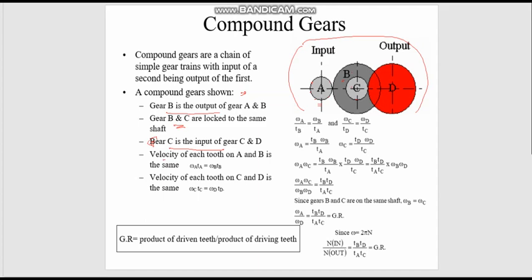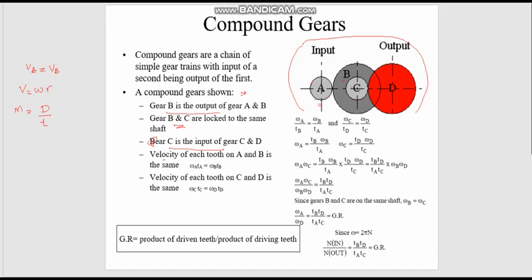So let's explain this a bit. If we say that VA is equal to VB, and we know that V is equal to omega R, and we have already looked at the constant named module, and module is equal to diameter over T, and T is the number of teeth in the gear system.